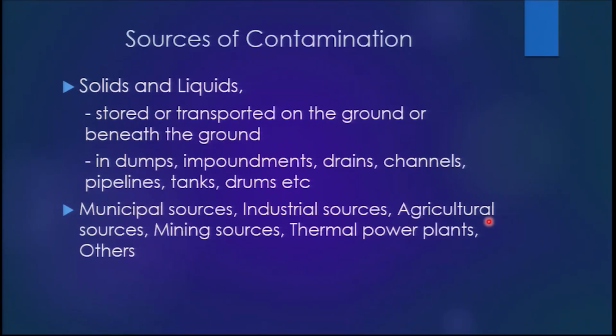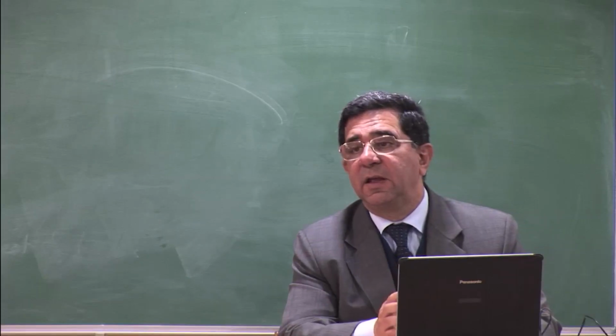So what are the sources of contamination? Briefly, we had discussed this last time, and we are saying the sources of contamination are the solids and the liquids which are either stored or transported on the ground or beneath the ground. As long as a solid or liquid material is stored above the ground, it's a totally different thing.